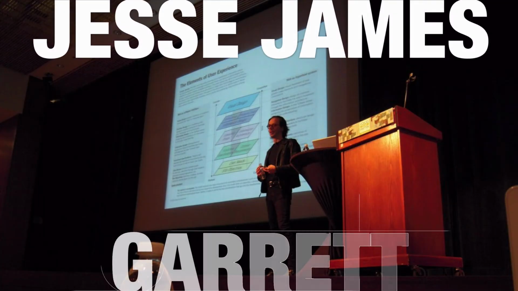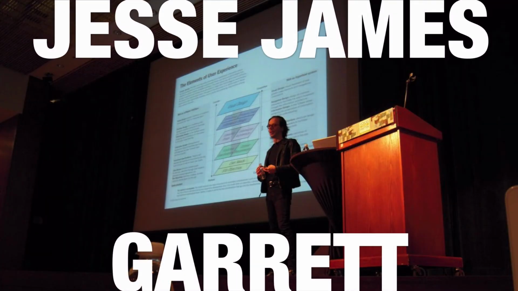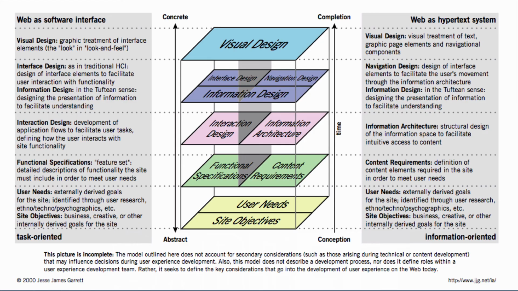In the year 2000, Jesse James Garrett, who incidentally first popularized the term AJAX for asynchronous JavaScript, published a book proposing a clarified model for user experience design on the web and justifying UX as a discipline. Garrett's model of user experience design for the web illustrates an effective framework that captures the essence of the user experience design process. It warrants additional study, but we won't dive into it in this lesson.